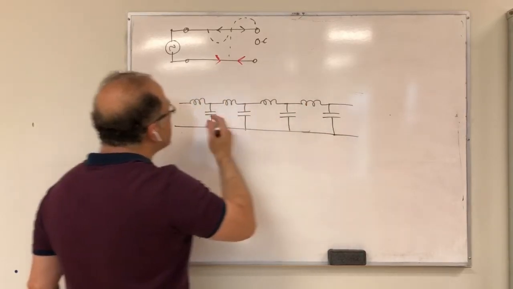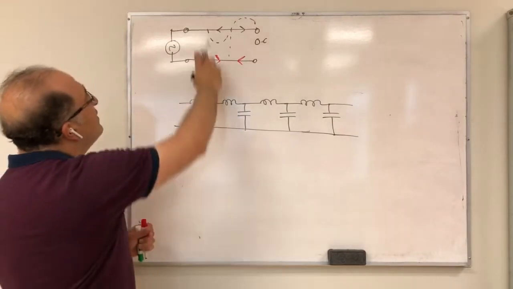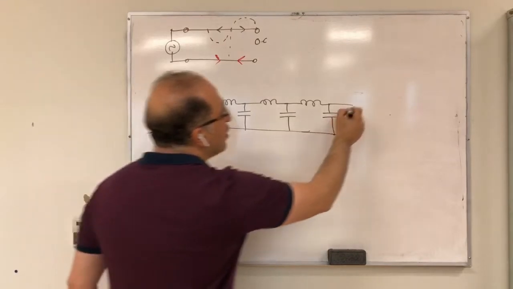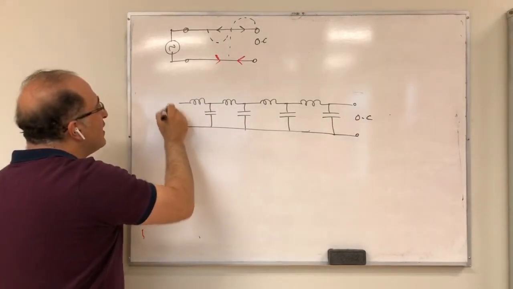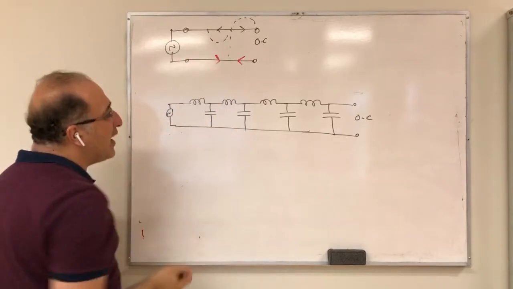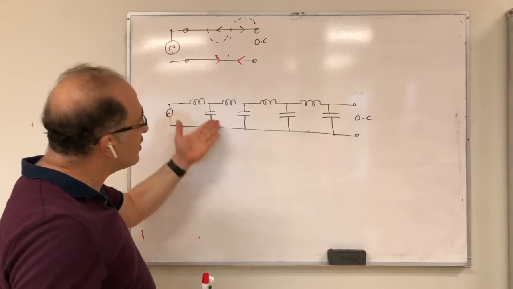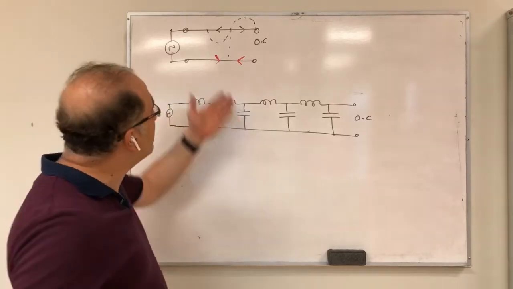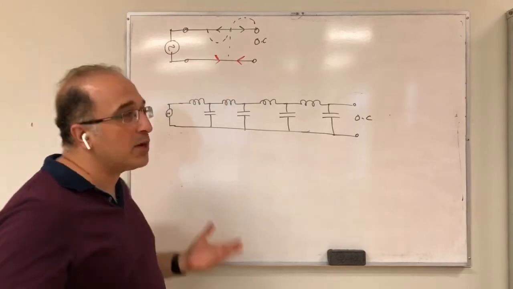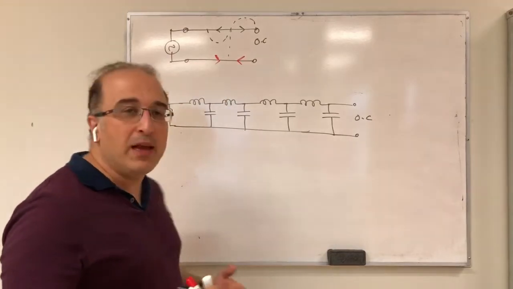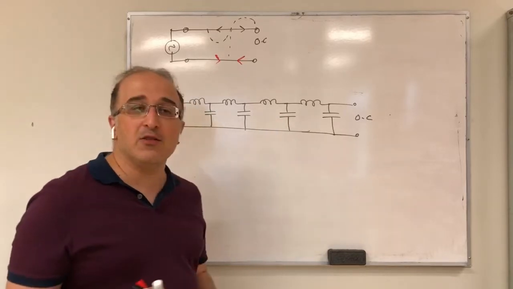If we have some loss in the transmission line, we need to add resistance. This structure is open circuit, so I call this open circuit here, and this is my source here. Yes, this is two wires, but we have some hidden inductor and capacitor series that we are not showing here. This is the reason that you sometimes see current distributions that may not seem intuitive, because you are not taking this into account.